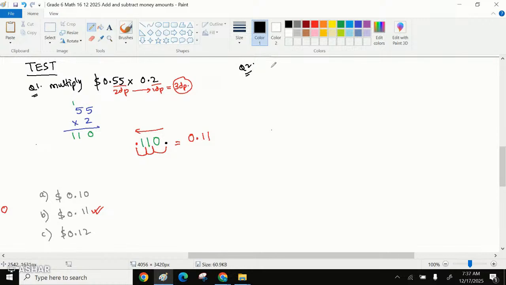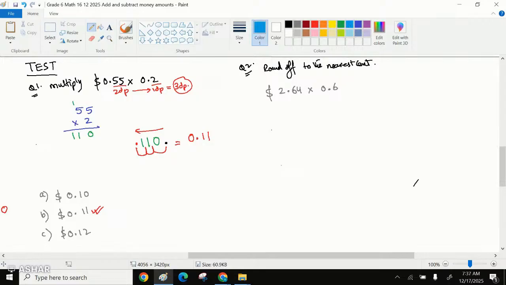Question number 2. It says, if necessary, round off to the nearest cent. Okay. And the question says dollars 2.64 is multiplied by 0.6.